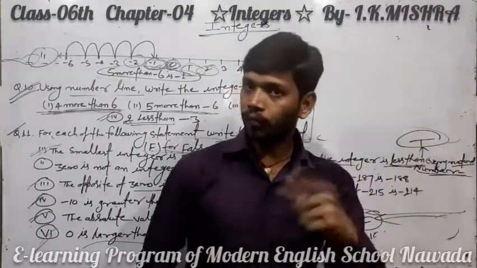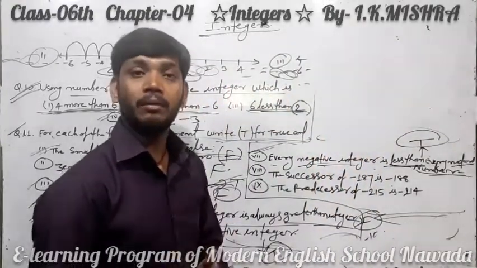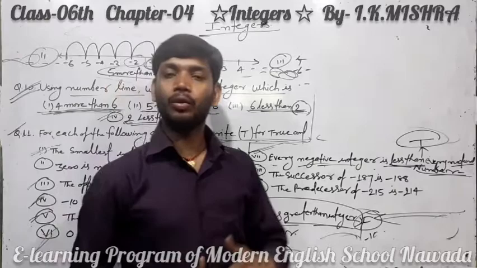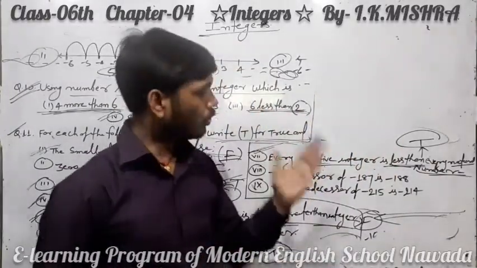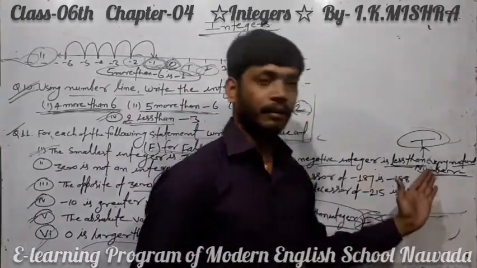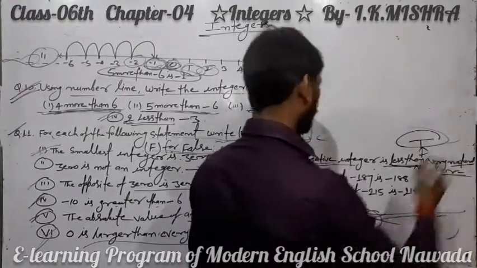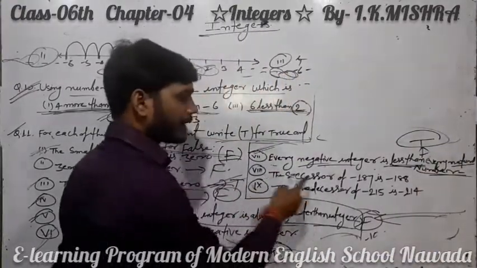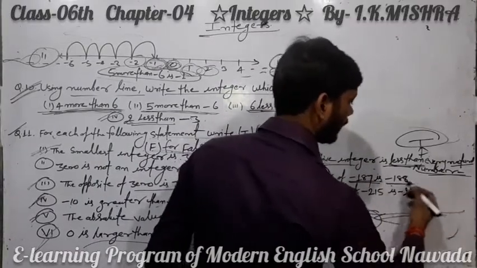Natural numbers start from 1. So every positive integer means 1 to infinity, and natural numbers start from 1. So every negative integer is less than every natural number. This statement is true.